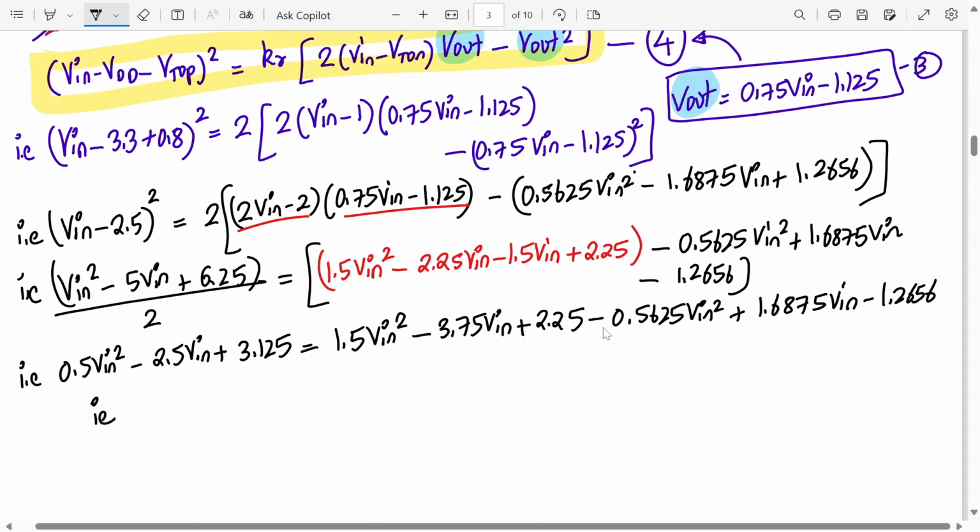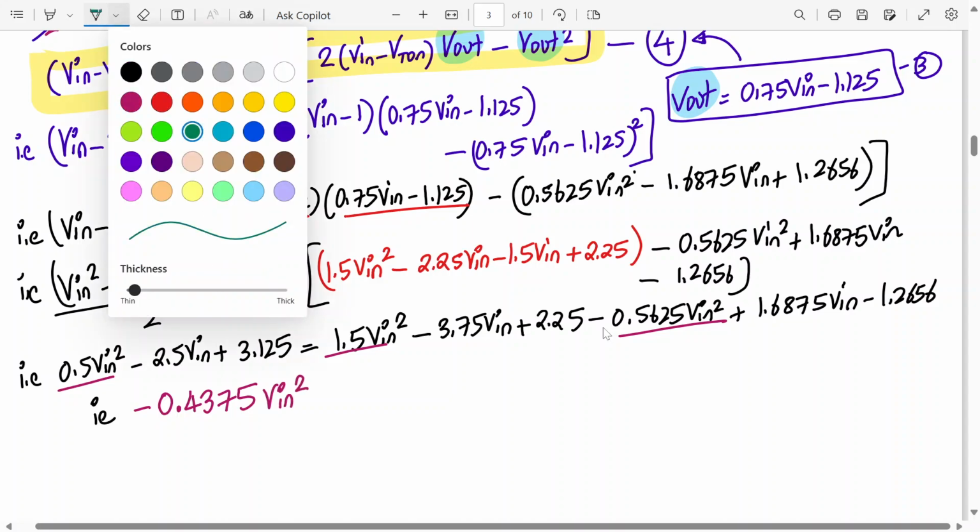Now we club all the terms of V in square together. So what do we get? 0.5 minus 1.5 plus 0.5625. So we got minus 0.4375. Please check this.